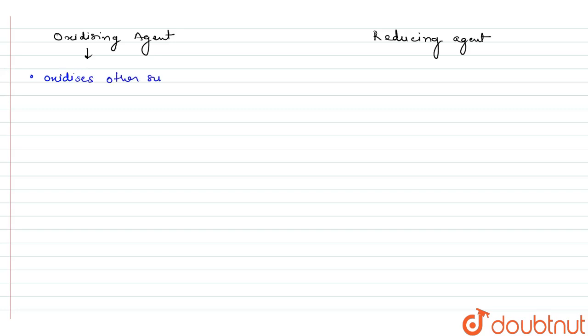First of all, we have to understand what an oxidizing agent is and what a reducing agent is. A substance that oxidizes another substance, the substance it is reacting with, and reduces itself, is known as an oxidizing agent.